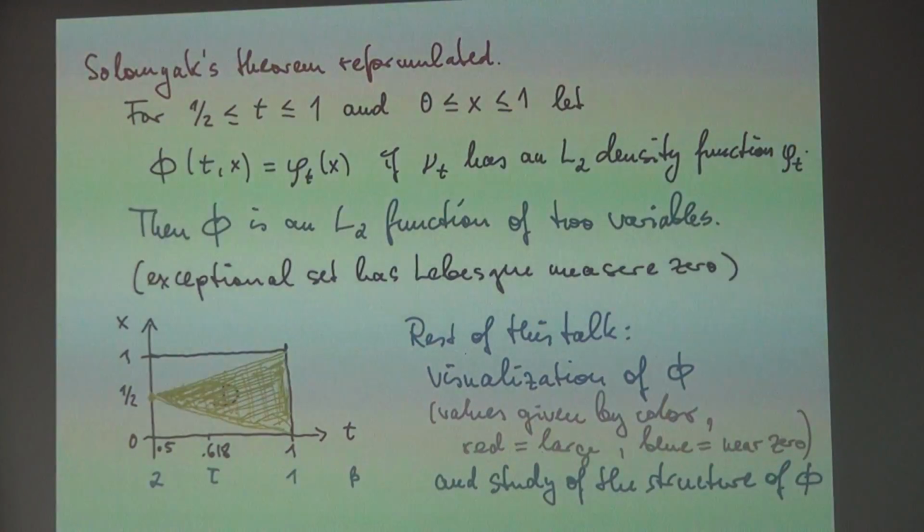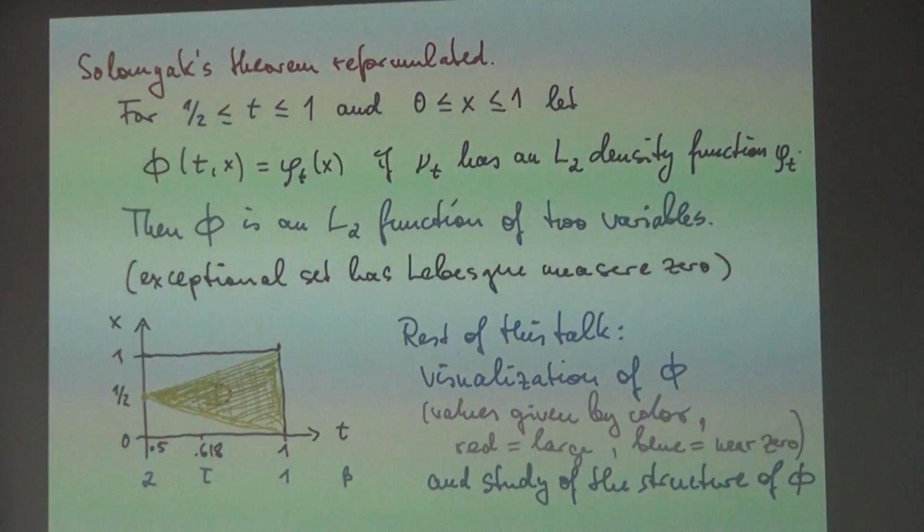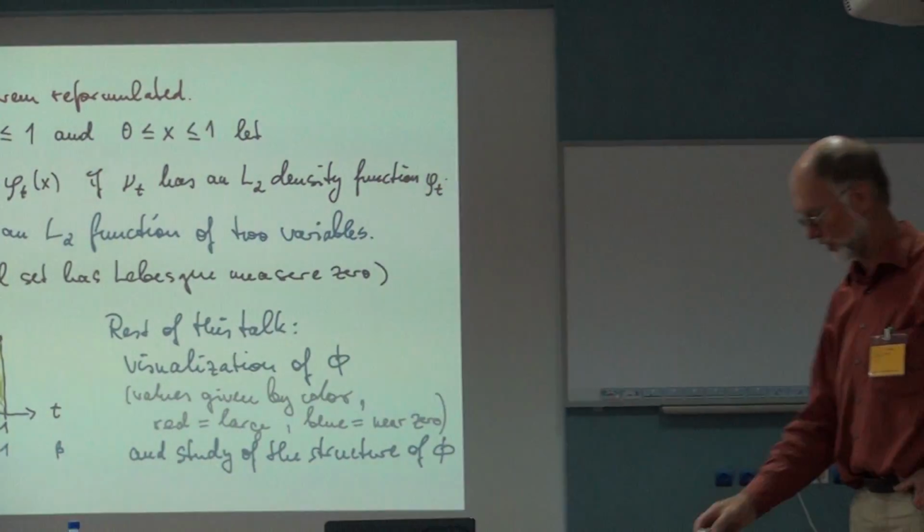This is just a reformulation. It's not using any big arguments. So it means we can consider a two-dimensional function, and it is an ordinary L2 function. And this function I want to consider in the rest of my talk.